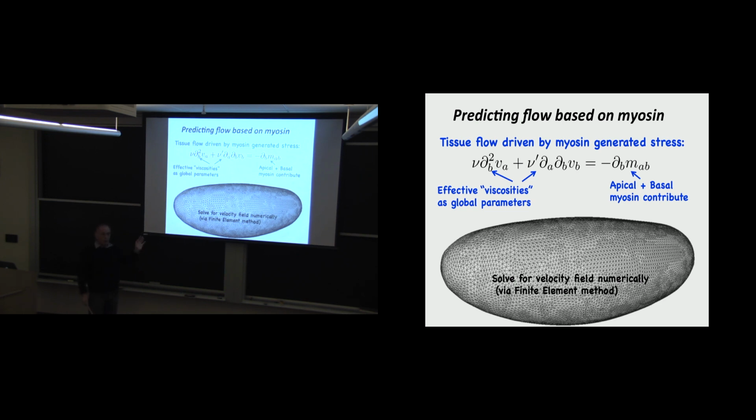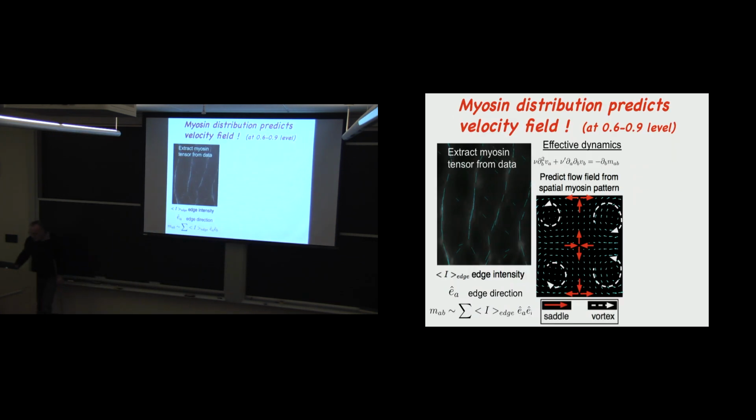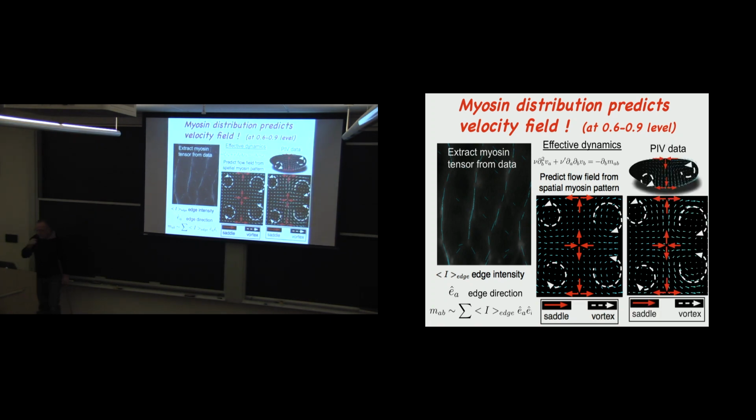We're just going to assume that there is no variation of material properties here from head to tail. And the bottom line is, using these measured myosin distributions, you generate pretty much the same flows.